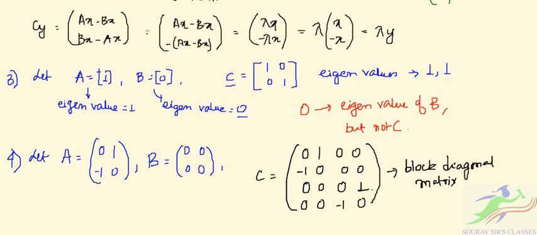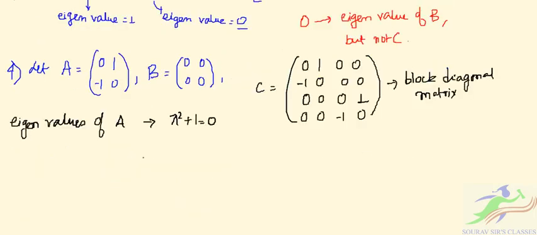For a block diagonal matrix, the eigenvalues of the diagonal blocks will be the eigenvalues of A, which come from lambda squared plus 1 equals 0. So lambda is equivalent to plus or minus i.